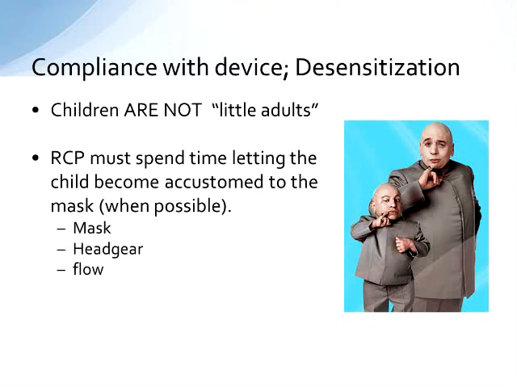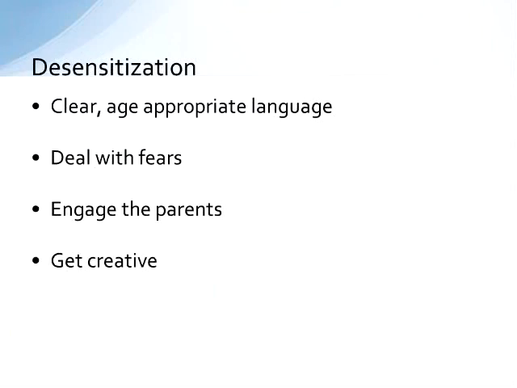Really our role is to be a facilitator to motivate that patient and the caregivers, their parents, grandma, grandpa, aunt, uncle, around the importance of that equipment and what we're using it to avoid, so avoiding endotracheal intubation, and really helping those kiddos take a minute to understand exactly what we're doing. So clear, age-appropriate language is important.